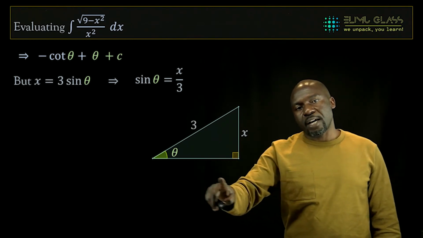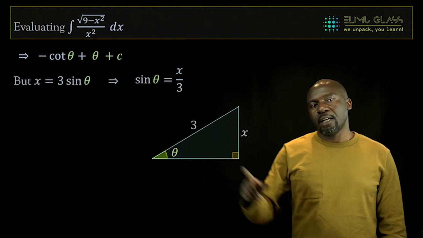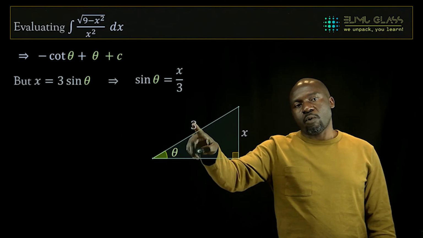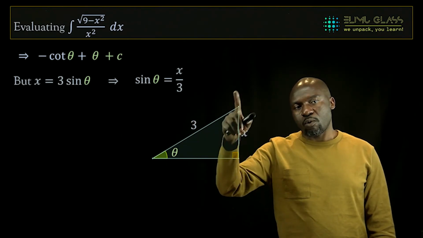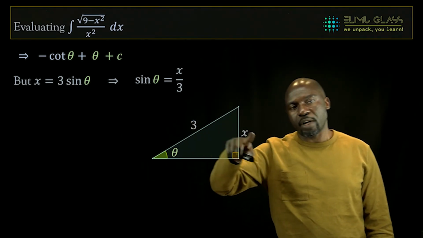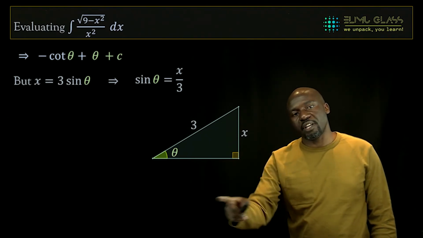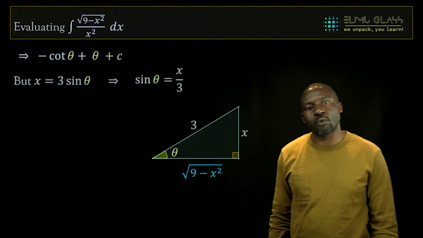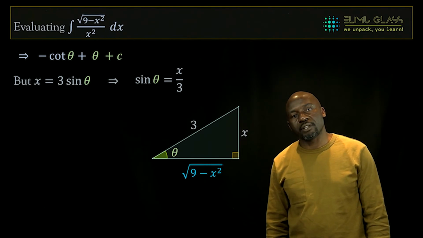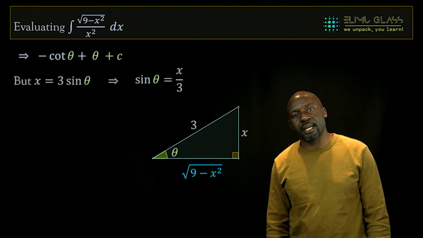And so I can find the adjacent by saying the square root of 3 squared minus x squared. So the square root of hypotenuse squared minus opposite squared will give me the adjacent. So the square root of 9 minus x squared. That is the value of my adjacent.